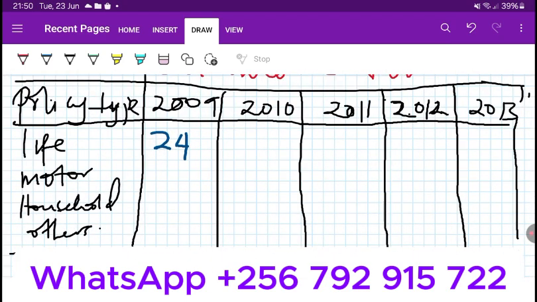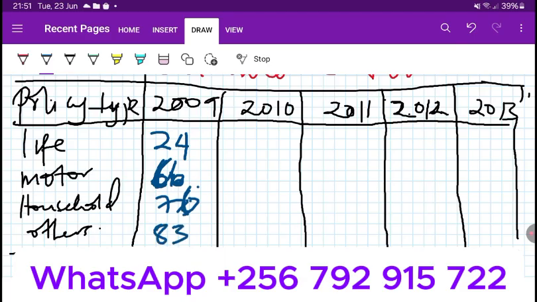So this one is going to be 66 for motor. Then 66 plus 10 gives you 76. Then 76 plus 7 gives you 83.